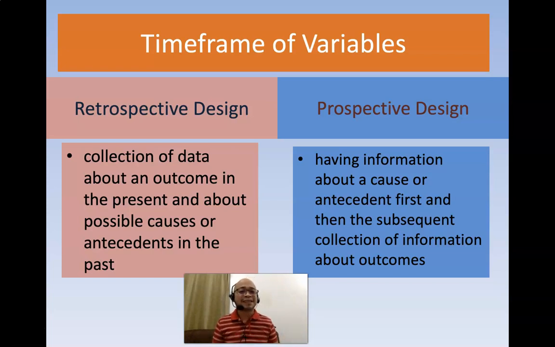Unlike in prospective design, you have information about a cause or antecedent first. So you have the information now at this point in time, and then subsequently you collect information about the outcomes. So for example, you have a population now that has been exposed to radiation, although I'm not saying that you can do this as part of the research.